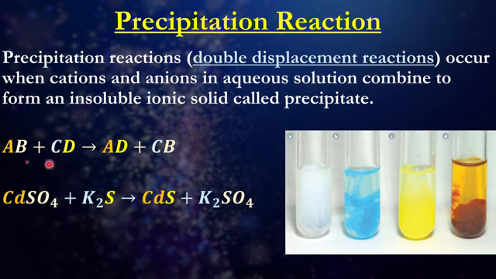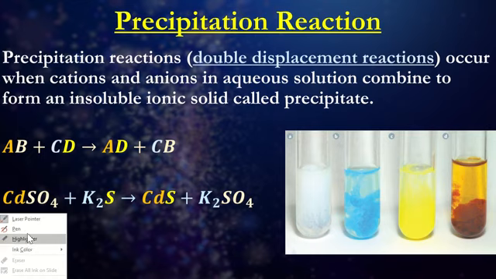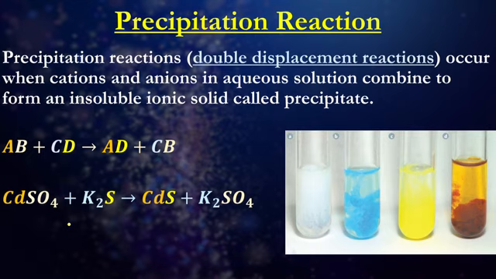If I try to write this out as a general equation, let's say A and C are metals. A is cadmium, C is potassium, B is sulfate, and D is the nonmetal. I'll write that out. We have our metal here, another metal here, and what happens is the metals swap over partners.